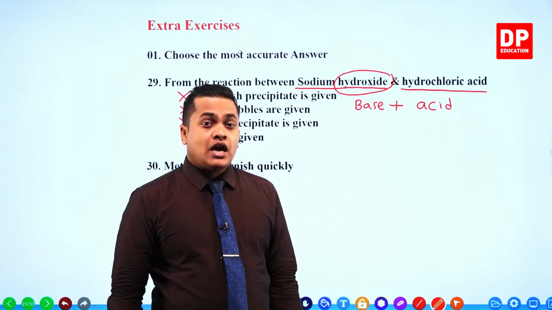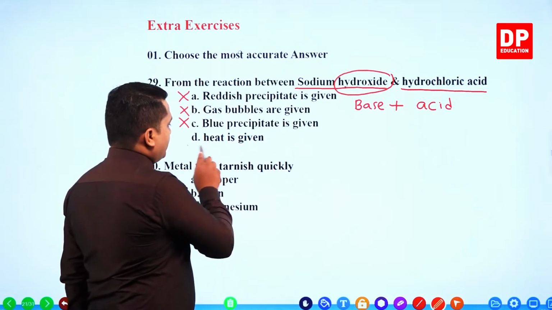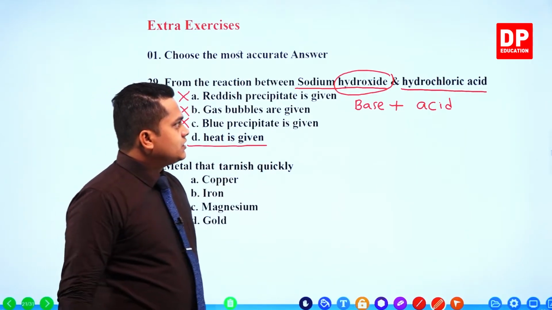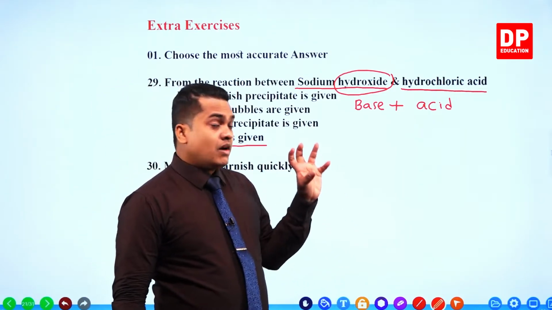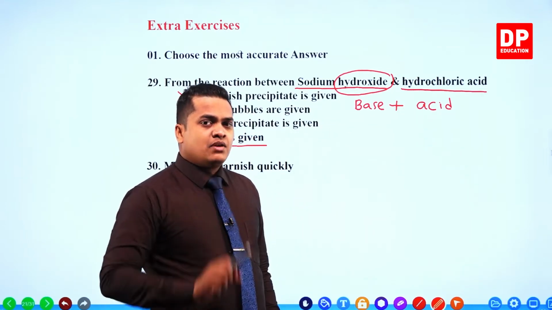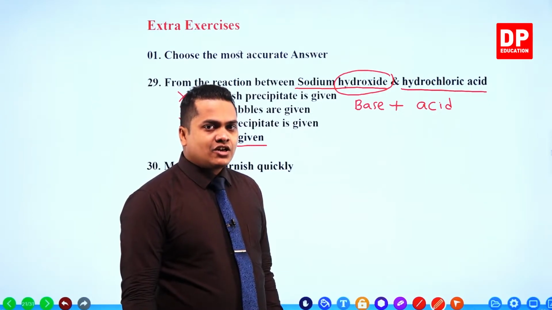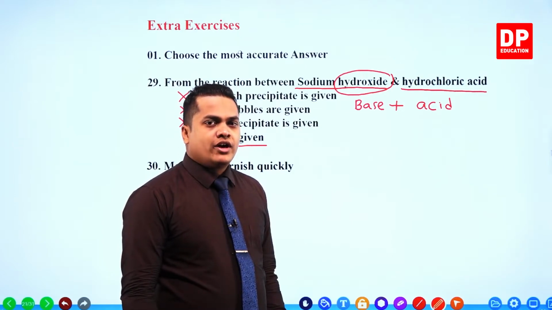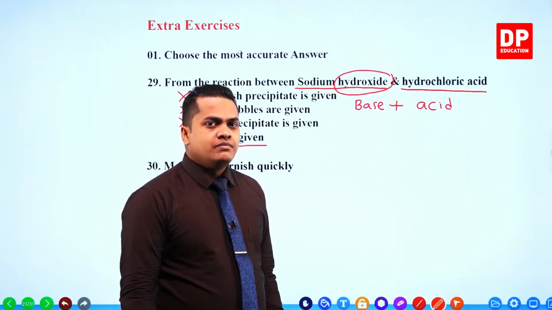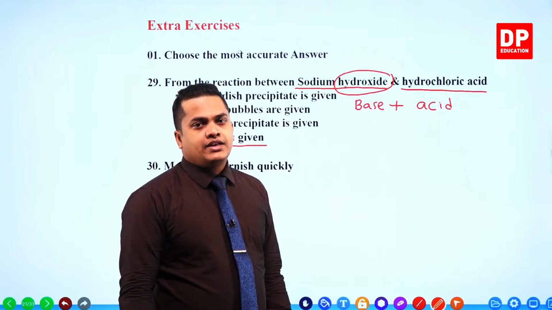So my dear children, the answer for this question is heat is given out. By the reaction between an acid and a base, always some amount of heat energy is given out. There is a temperature increase in the system when you are reacting an acid with a base. So our correct answer for this response is heat is given.